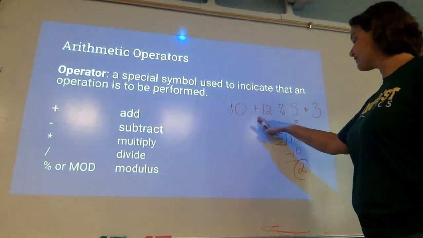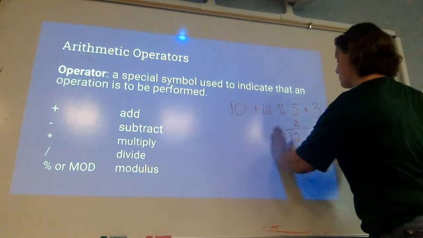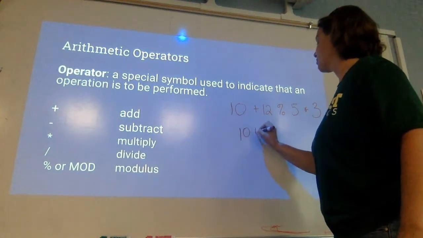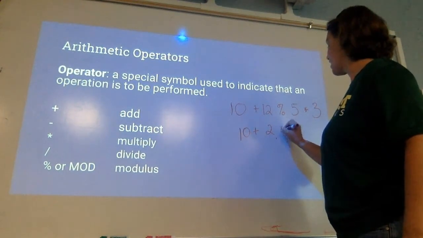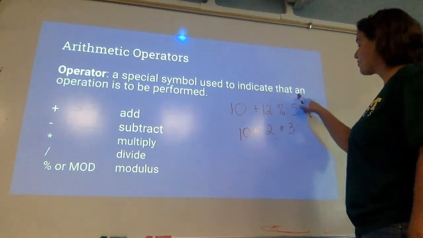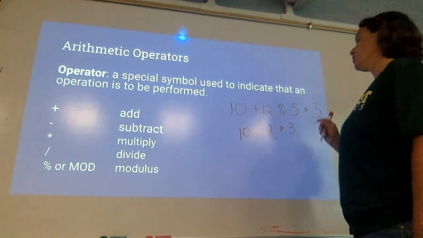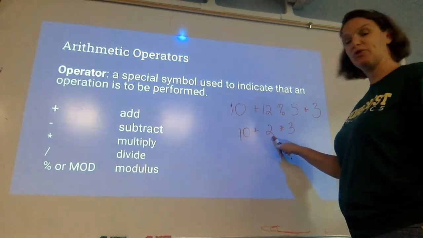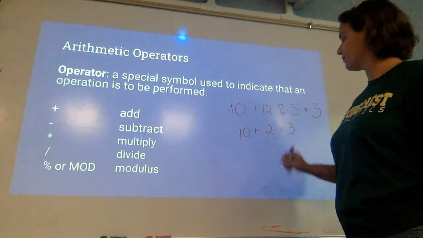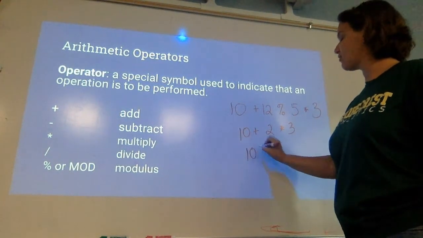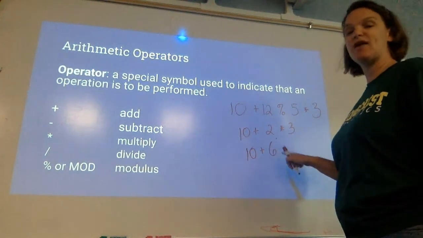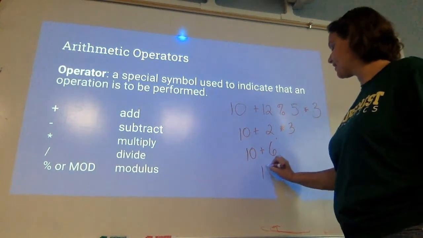So I can rewrite this expression now that I've done this step: 10 plus 2 times 3, because we know this comes out to be 2. The next step now would be multiplication, so I'm going to do 2 times 3. Now I can simplify my expression to 10 plus 6, and then I can finally do the addition step and get 16.